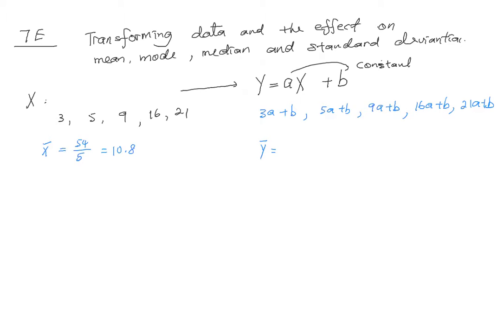So now, how about the mean for Y? Now everyone has to work algebraically. Altogether, they are 54A plus 5B, correct?